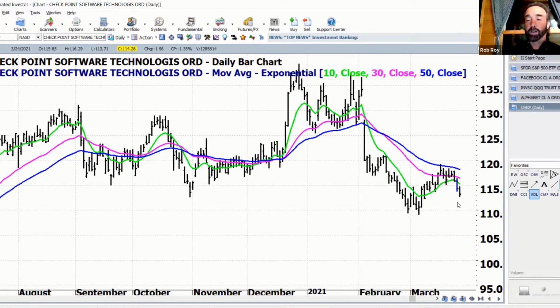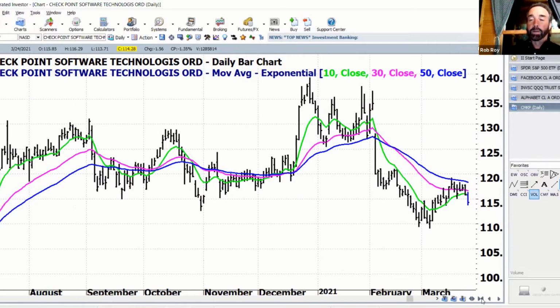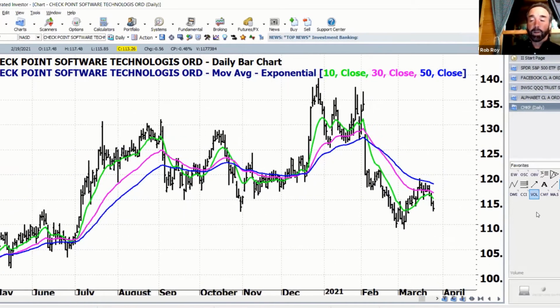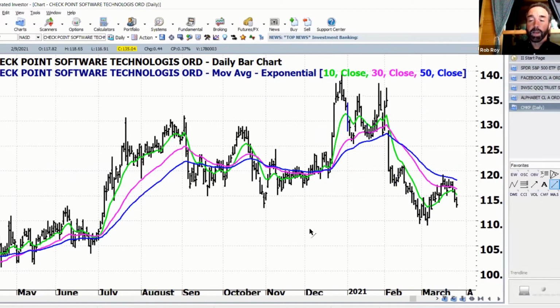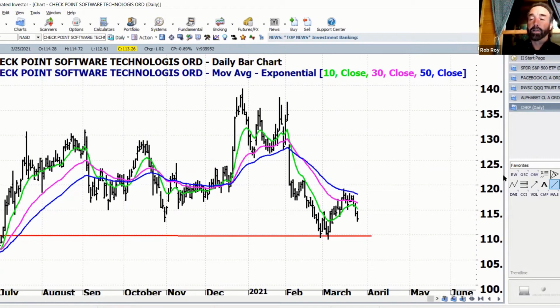So today is the follow-through day of breaking below the 10-day moving average. When we look at that, and we talked about this before when it was down here at the beginning of March, there's a very strong area of support at 110. Maybe it needs to come down and test that level again.